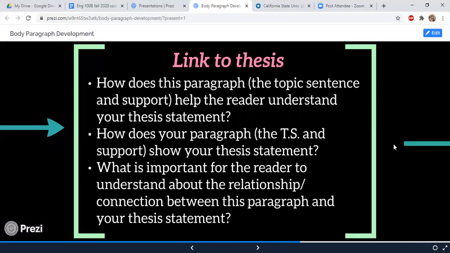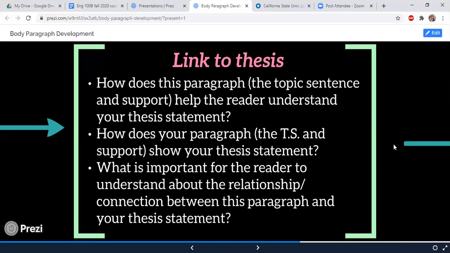So remember, the body paragraph is just one aspect of your full thesis statement. Okay, so now you're kind of taking the time to explain to the reader, here's why all of this helps you understand my full argument, okay, or my full idea.